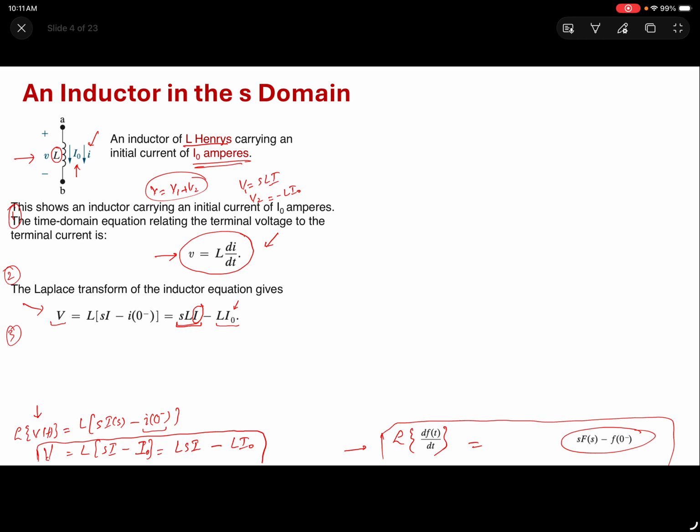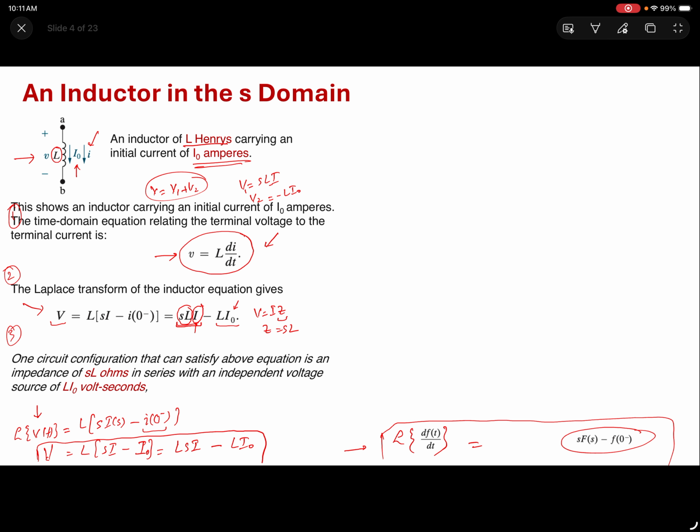So I can use Kirchhoff's voltage law and make an equivalent circuit. This is a combination of two different voltages, where the first has a current I flowing through this element, and sL would be the impedance of this. Since V equals I times Z in this case, Z should equal sL.